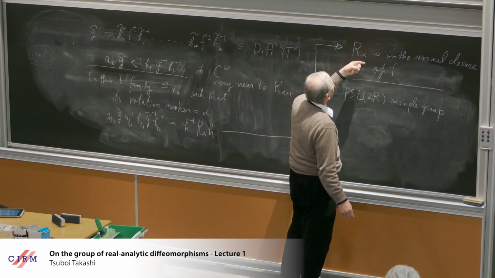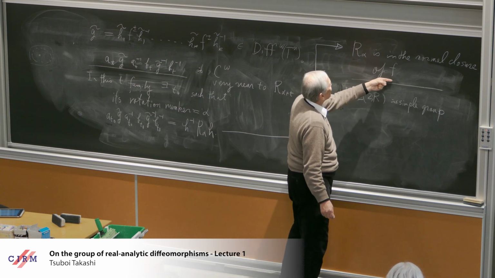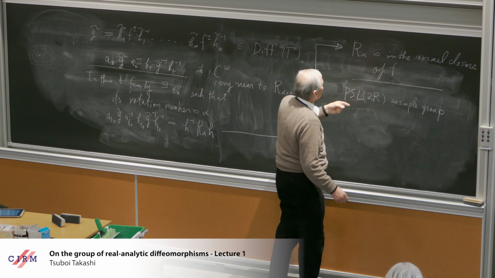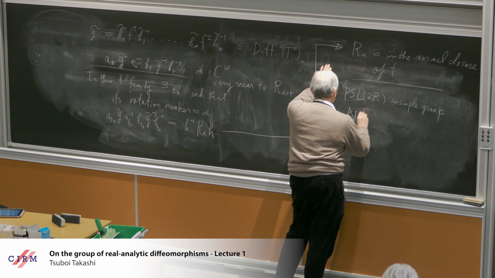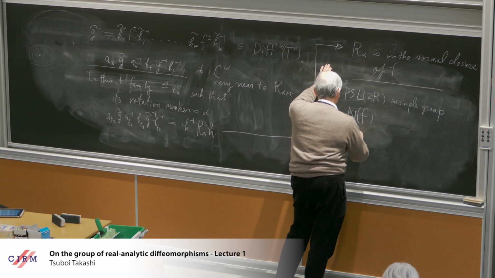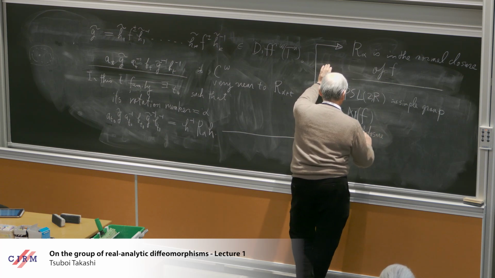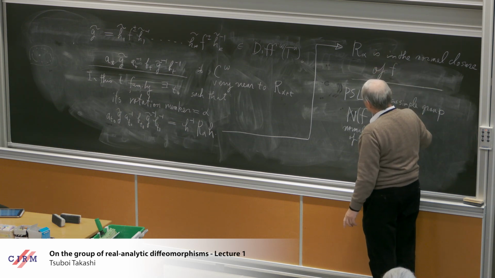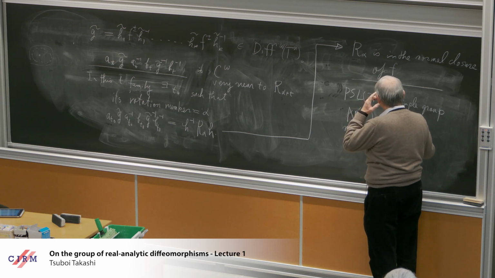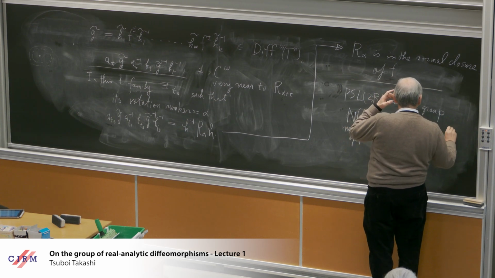So if the normal closure of F contains one specific rotation, then the normal closure of F contains PSL2R times PSL2R.